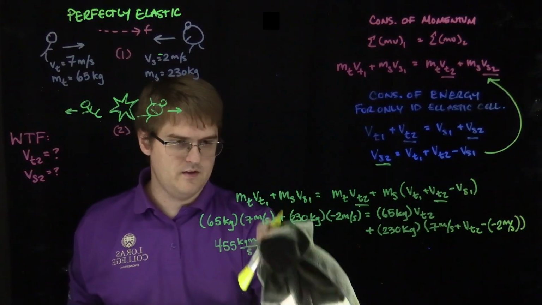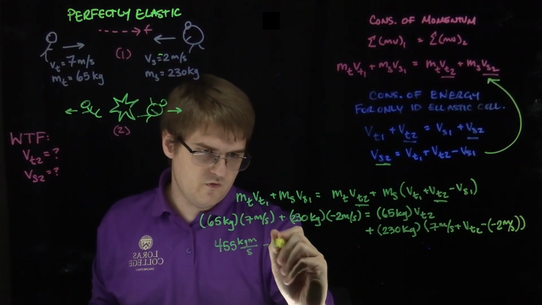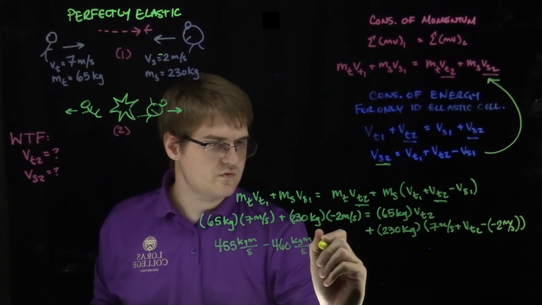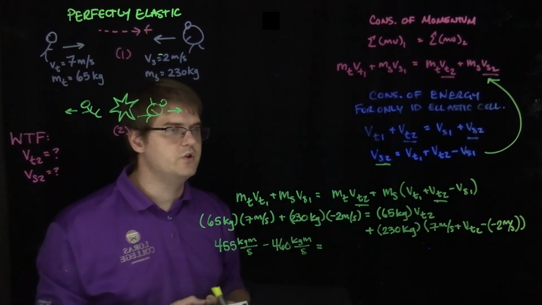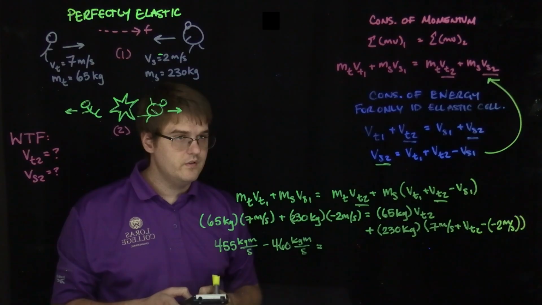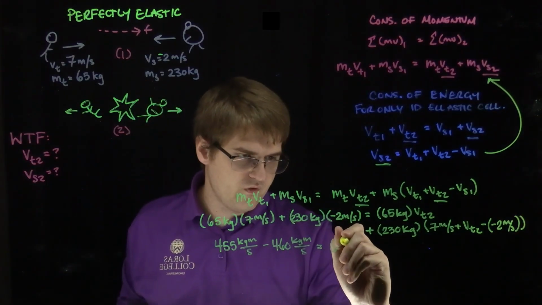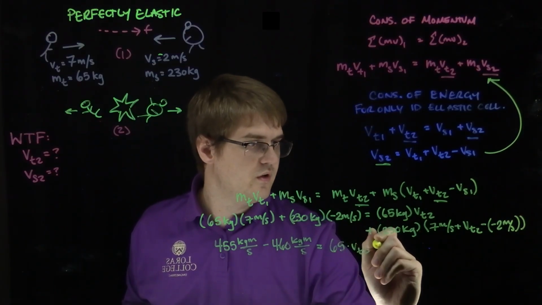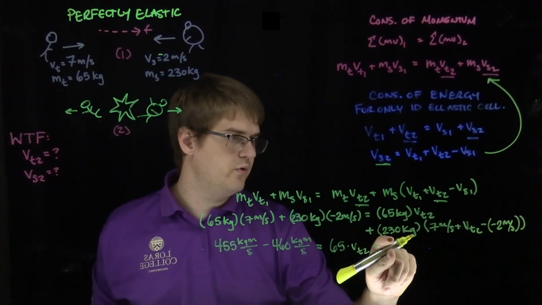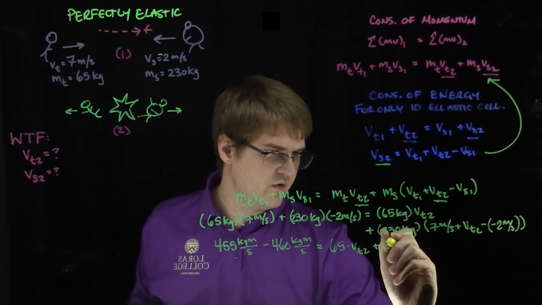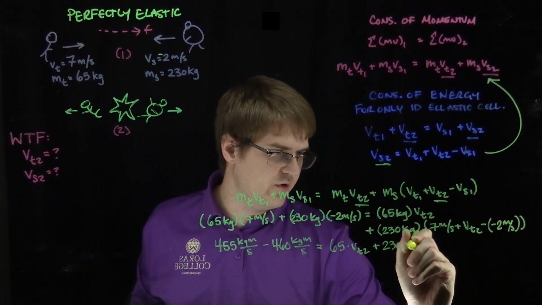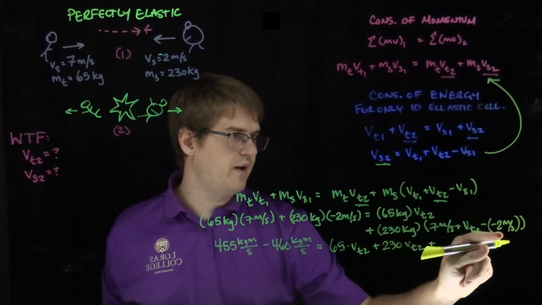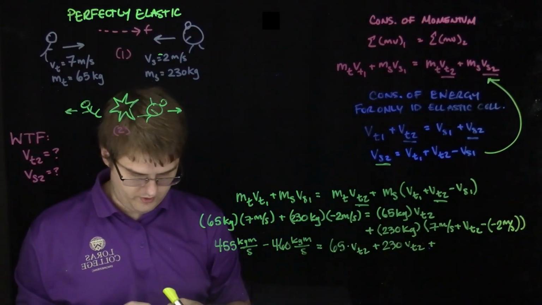So that's actually going to be a minus 460 kilogram meters per second, is going to be equal to 65 times VT2, plus, I'm going to do this, 230 times VT2, plus this 7 minus a negative 2 is 9, so 9 times 230.